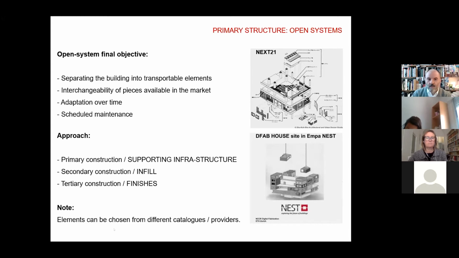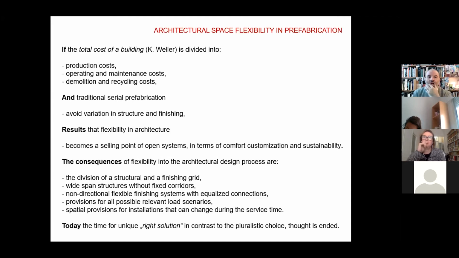So in the end, elements can be chosen from different catalogs and providers. So it's an open process. Architectural space flexibility in prefabrication. So the cost of building is divided, obviously, as all the manuals say, in production cost, operating and maintenance cost, demolition and recycling cost, and the traditional serial fabrication avoids variation in structure and finishing.